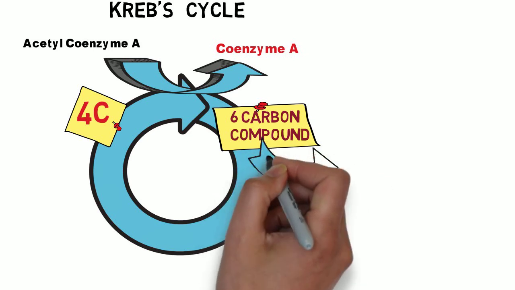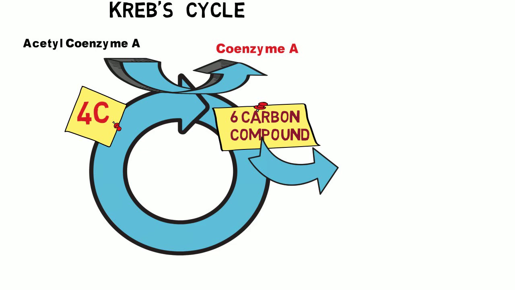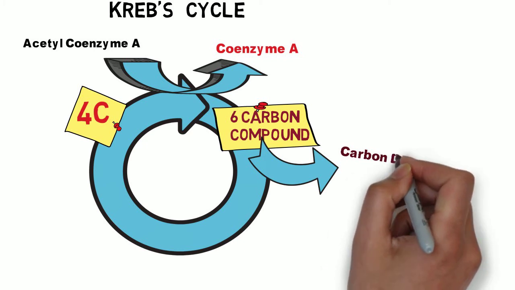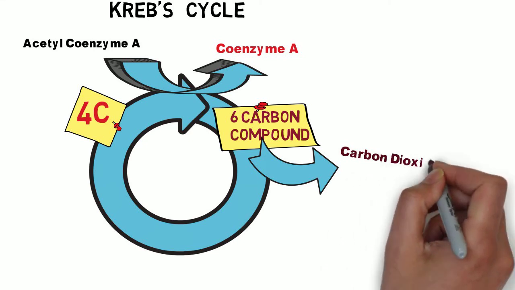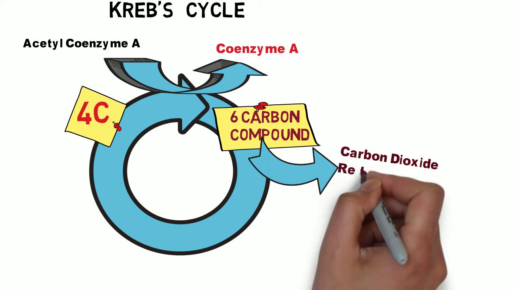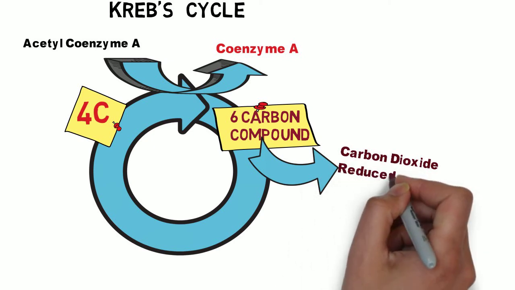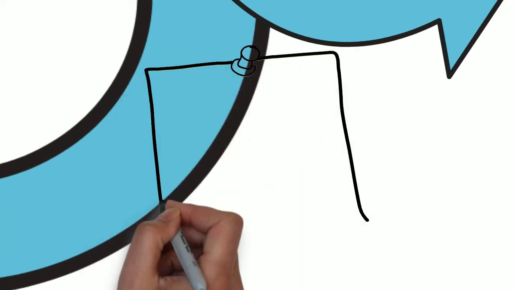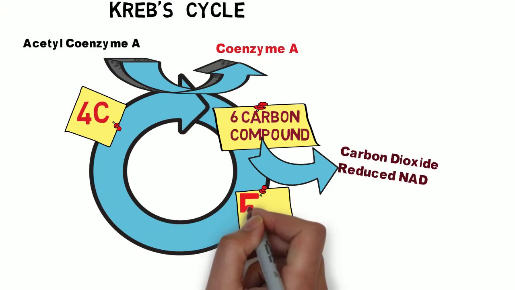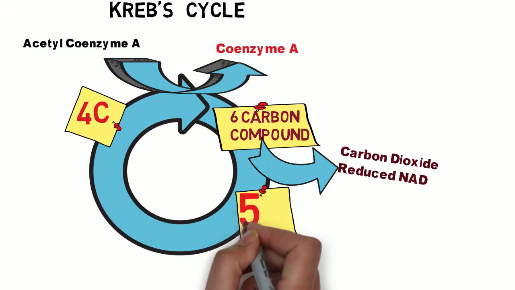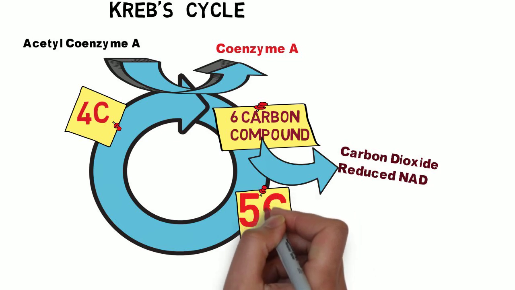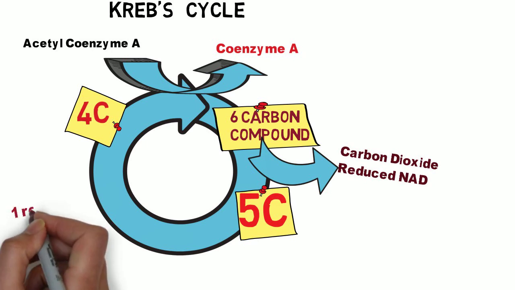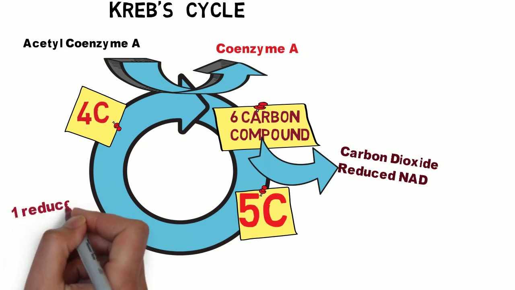This 6 carbon compound loses 1 carbon by the process of decarboxylation to form carbon dioxide, but it also gives up hydrogen, and the hydrogen helps to form reduced NAD. As a result, the 6 carbon compound, losing that 1 carbon, is converted to a 5 carbon compound, and that 5 carbon compound is then converted to a 4 carbon compound, releasing several products.